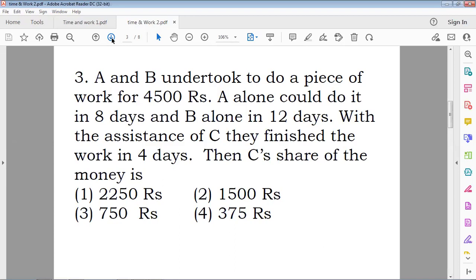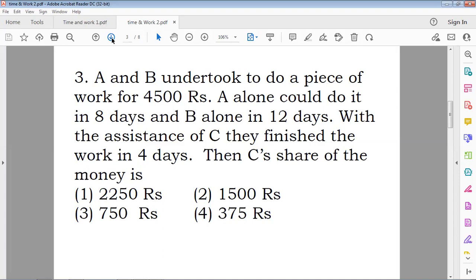A, 8 days, B, 12 days, A plus B plus C, 4 days. What will be the LCM? 24. Okay. A is making 3 units, B is making 2 units. So C is making 1 unit, so that they will be making a total of 6 units within a day.